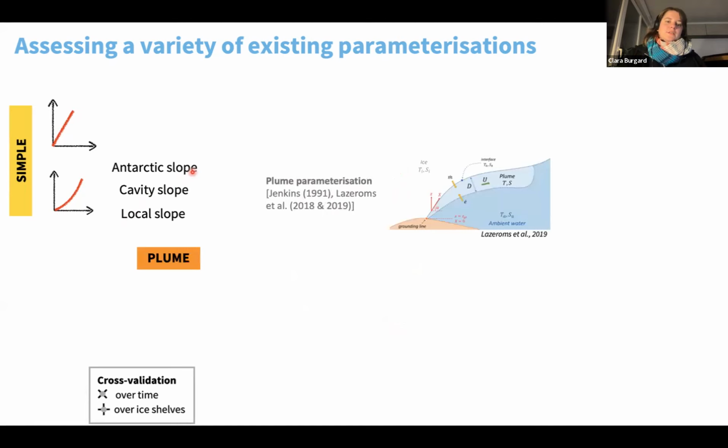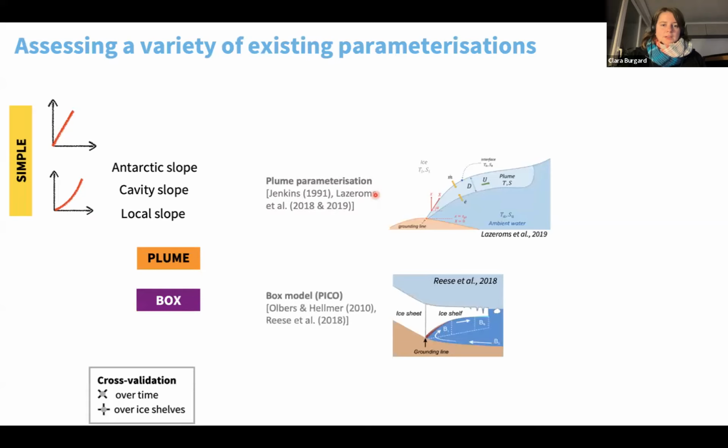Then we look at the plume parameterization, which assumes the formation of a buoyant plume at the grounding line, which then rises along the ice-ocean interface. We look at the box model, also known as PICO, which divides the overturning circulation in the cavity into boxes.